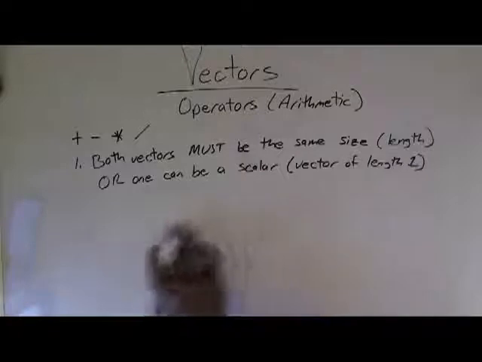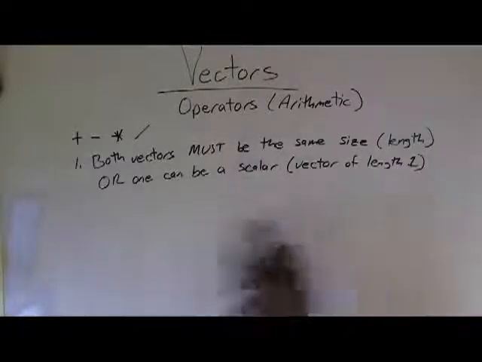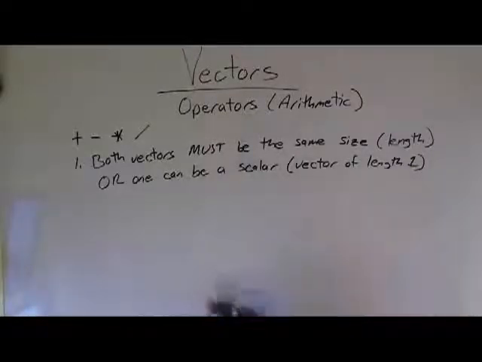So the primary rule when you're adding, subtracting, multiplying, or dividing vectors is that both vectors must be the same size or length, or one can be a scalar, which means a vector of length 1. We'll see that come up over and over again.